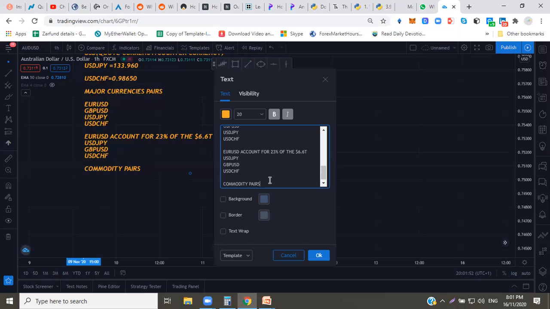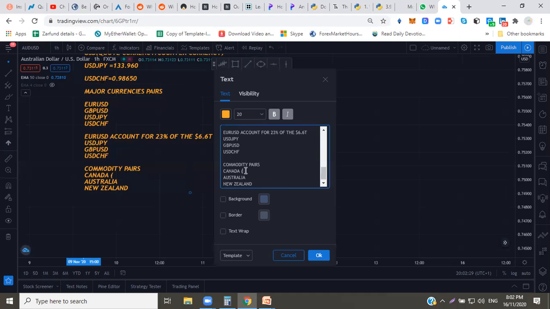These countries are basically Canada, Australia, and New Zealand. The currencies of these economies are called commodity currencies. Let me show you what that is.